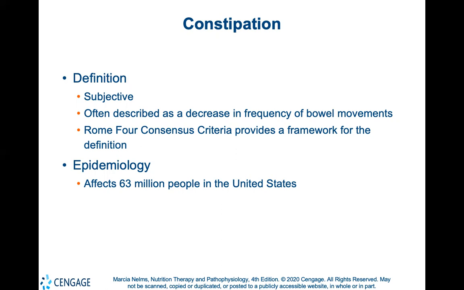The Rome 4 consensus criteria defines constipation as a condition where at least 2 of the following symptoms have occurred for the last 3 months, with the symptom onset 6 months prior to the diagnosis.